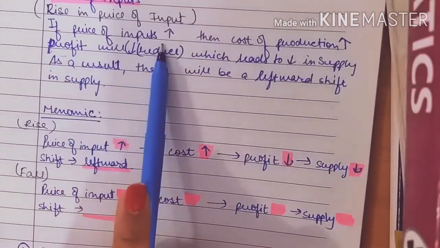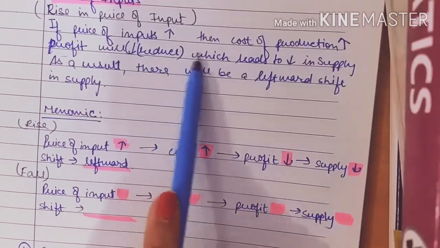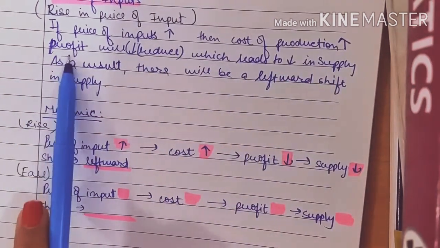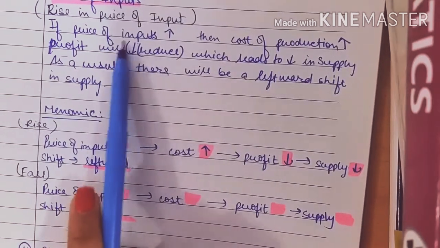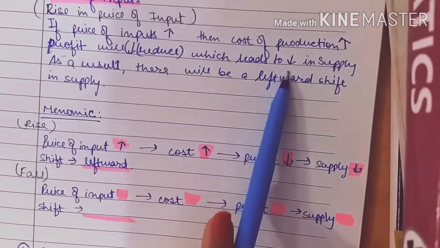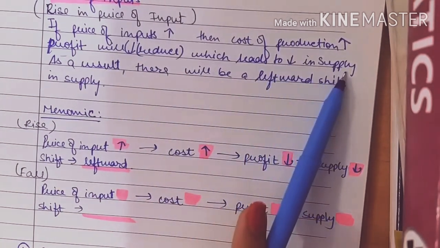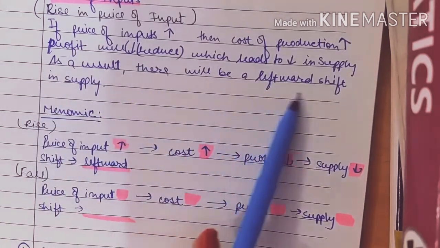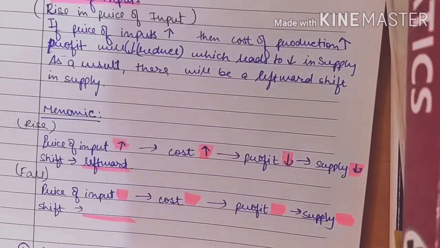If price of inputs increases, then cost of production will increase. Profits will reduce, which leads to reduction in supply or decrease in supply. As a result, there will be a leftward shift in supply.